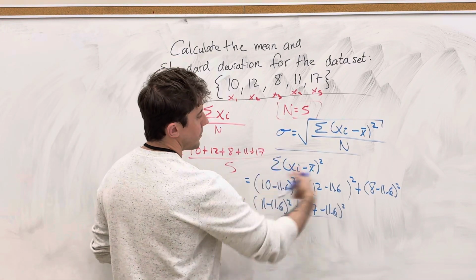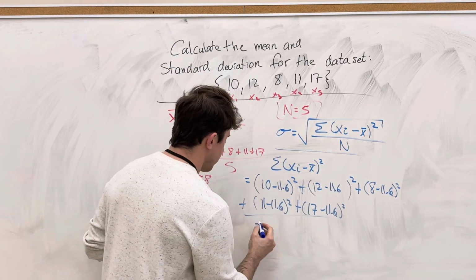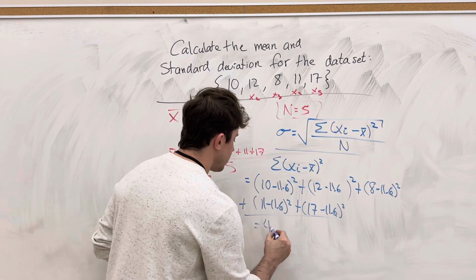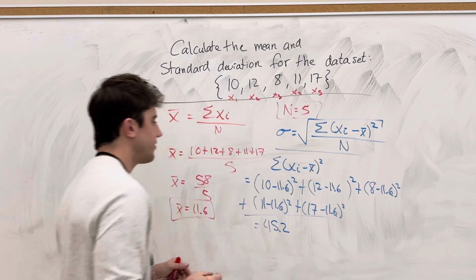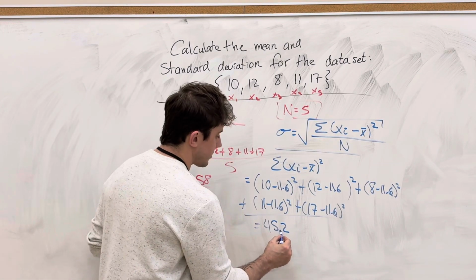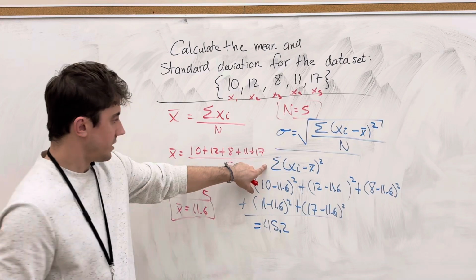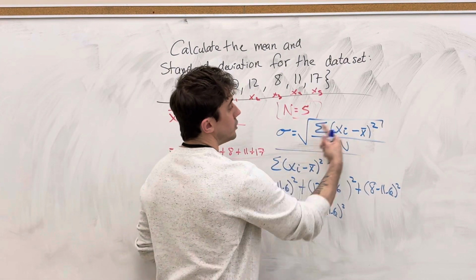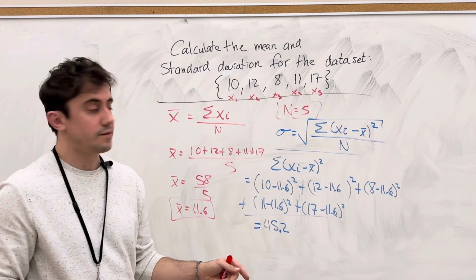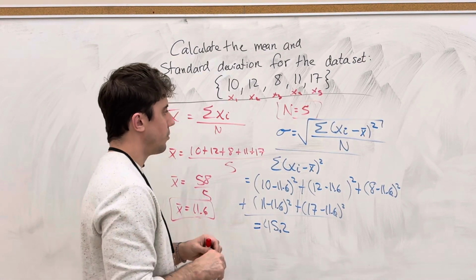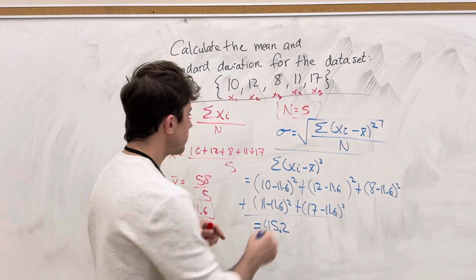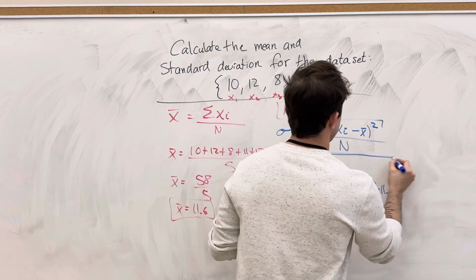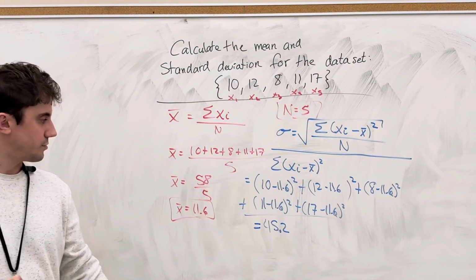So again, the sum means we add all of these values together, and this should give us a sum of 45.2. Now, this is not our standard deviation, right? This is only the sum of the differences squared, meaning the numerator inside this equation. And so to put it all together now, make sure you understand what I'm doing here. I'm just separating my solution into sections.